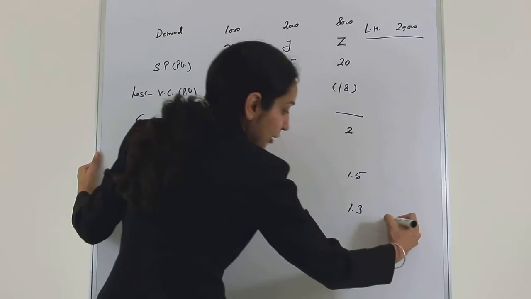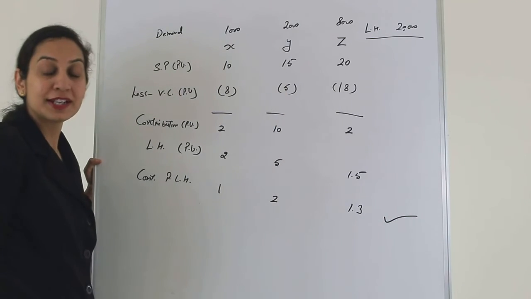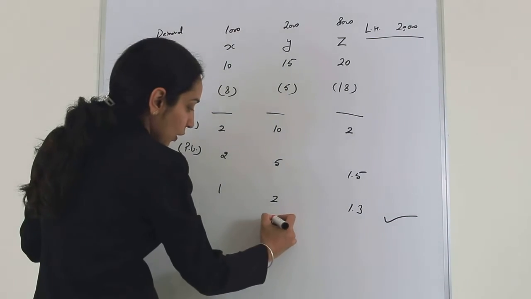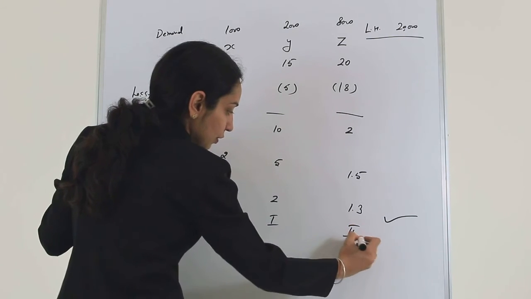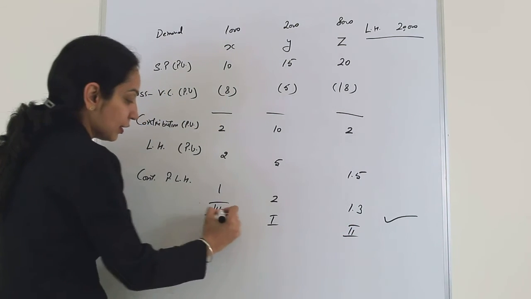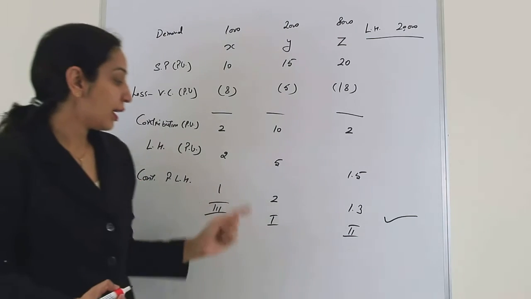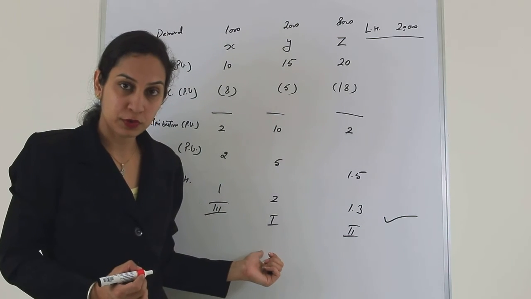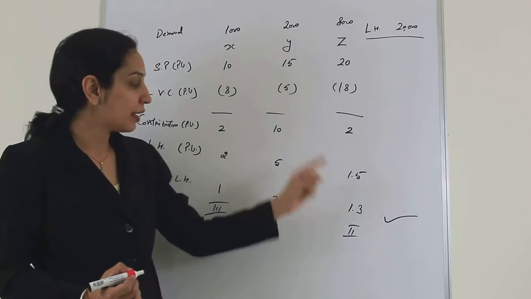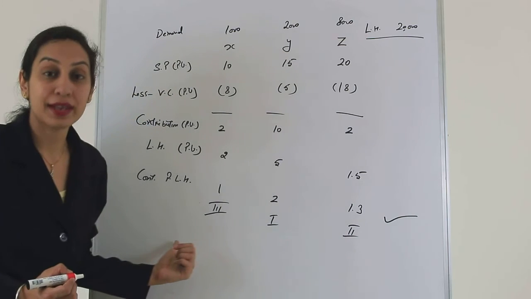Now that's the right basis to decide. Let's prioritize it: 1, 2 and 3. That means Y seems to be the most profitable product for the business. Then comes Z and then comes X.